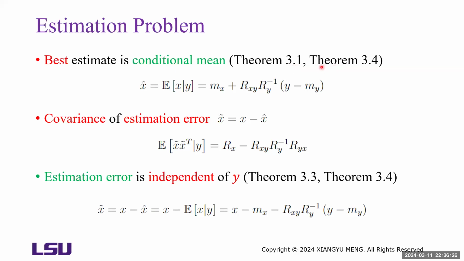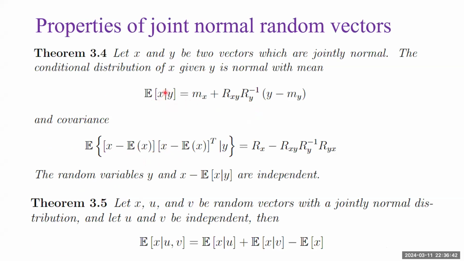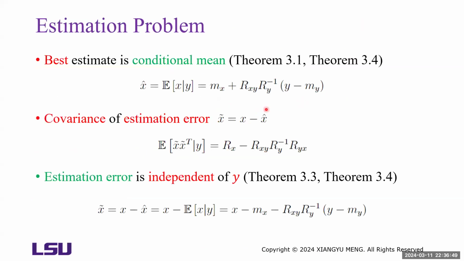Then according to theorem 3.4, the conditional mean of two jointly Gaussian random vectors will be mx plus Rxy Ry inverse (y minus my). So the best estimate, the conditional mean, is mx plus Rxy Ry inverse (y minus my).